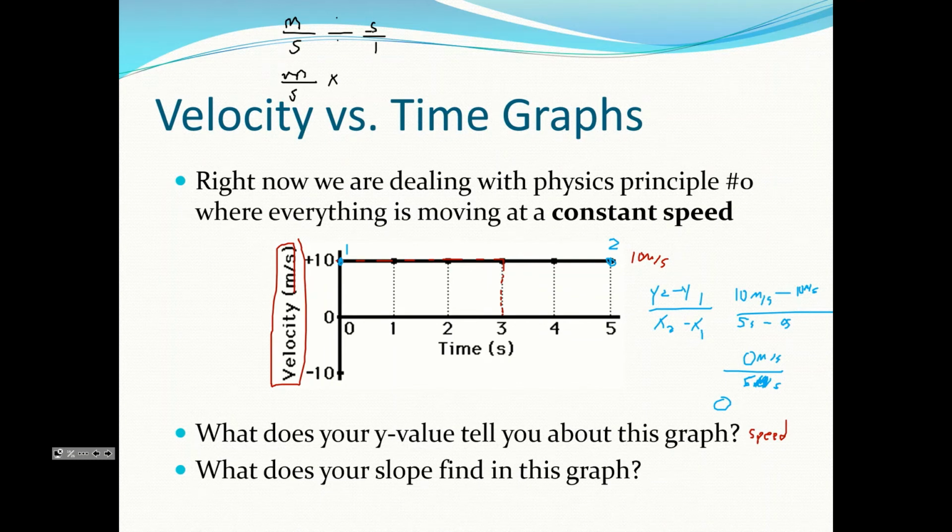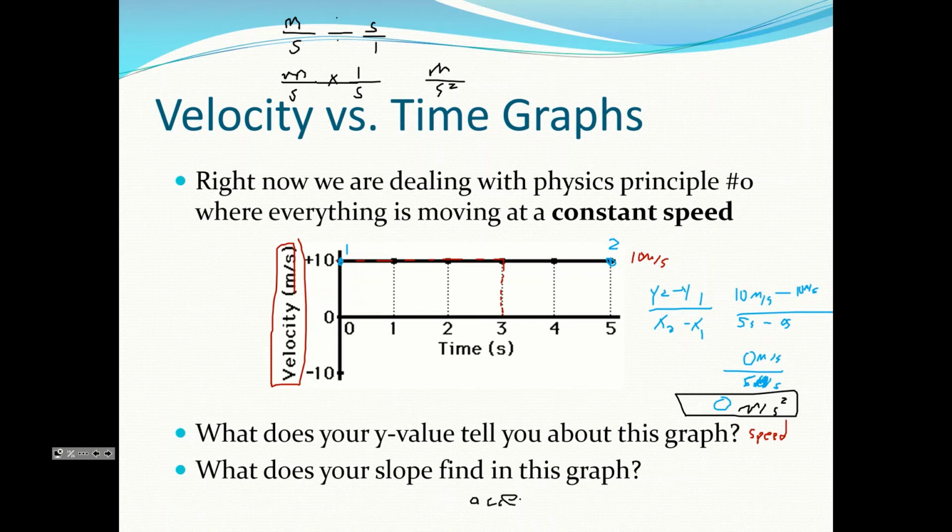So instead of going seconds over 1, we go 1 over seconds. And you can see here we have 2 seconds on the bottom and a meters on top. So we end up with meters per second squared. So this is 0 meters per second squared. And if you remember meters per second squared from anything else that you've done, that is acceleration.